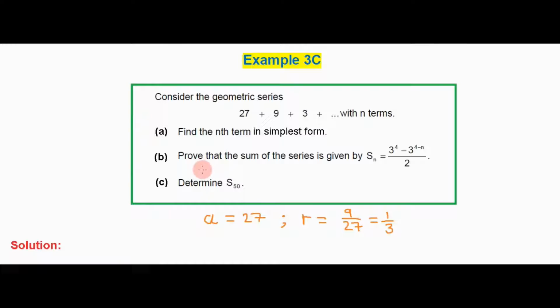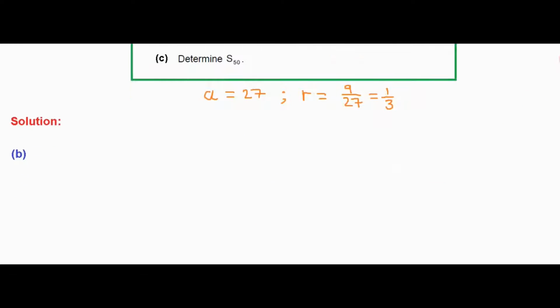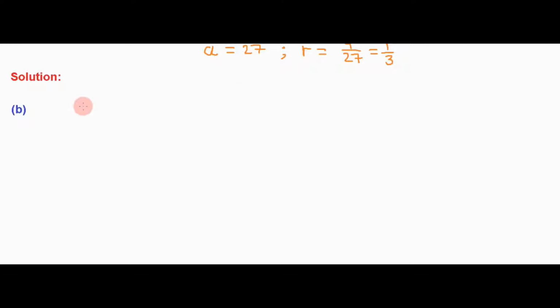In B it says, prove that the sum of the series is given by this equation. This is another way of asking us to prove that the general sum comes to this. So we're going to use a sum formula. So S sub n equals A into R to the n minus 1 all over R minus 1.